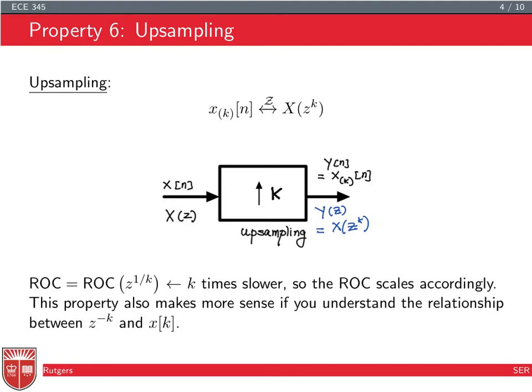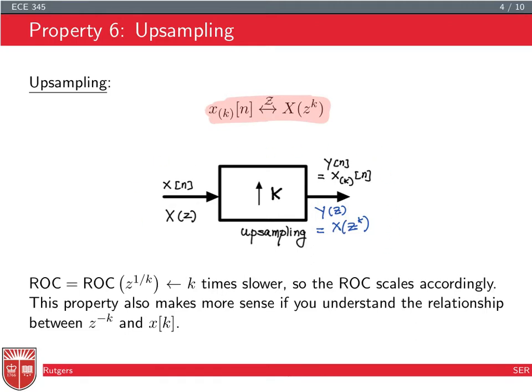And this is the general formula that gives me the z transform of the upsampled signal as a function of the original signal. So the upsampled signal has a z transform equal to x evaluated at z to the power k. And usually we have the following kind of diagram that denotes the upsampling operation.